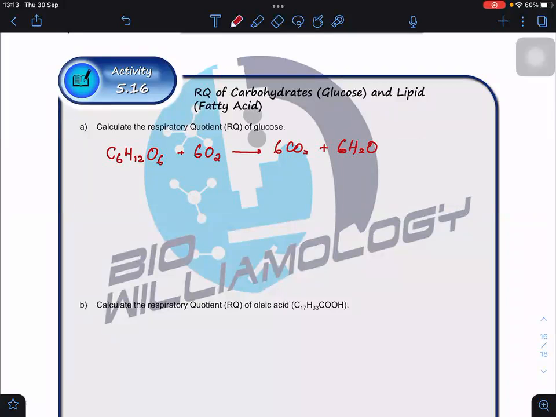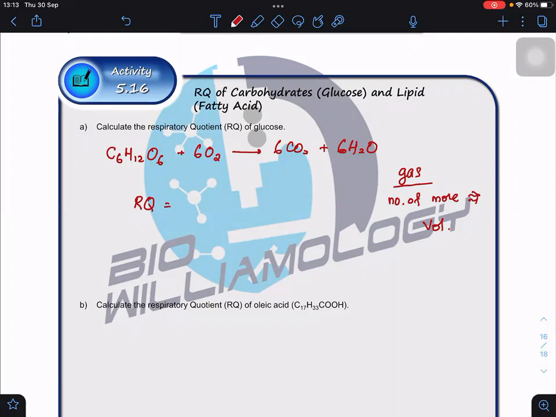So now how do we calculate the RQ value? For RQ, we need the volume. But we know that for gas, the number of moles correlates with the volume. Under standard temperature and pressure, not room temperature, we get 22.4 dm³ per mole.